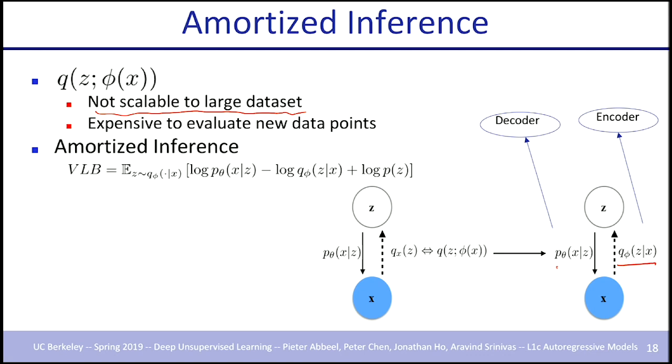And then the conditional model of x given z is usually called the decoder, which decodes some data point from a latent space.